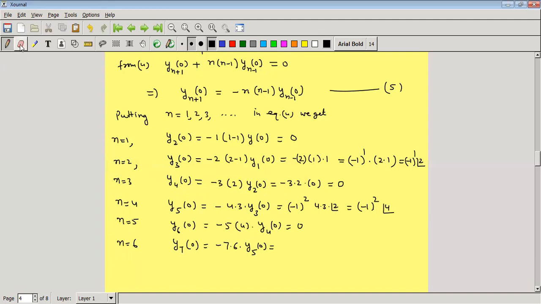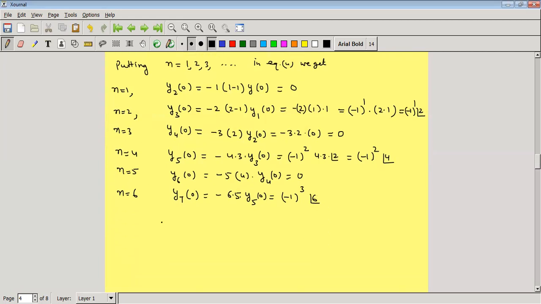So it's not 7, n is 6, so we write 6 into 5. So this is minus 1 to the power 3 into 6 factorial. 4 factorial is already there, so 5 into 6 then it becomes 6 factorial. Right? Now we generalize.